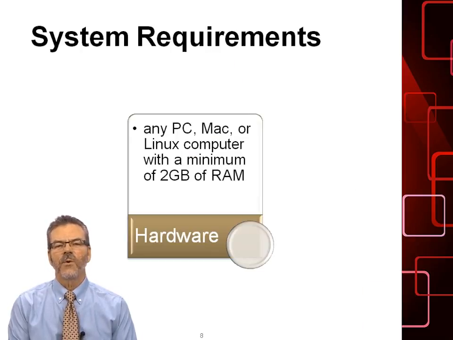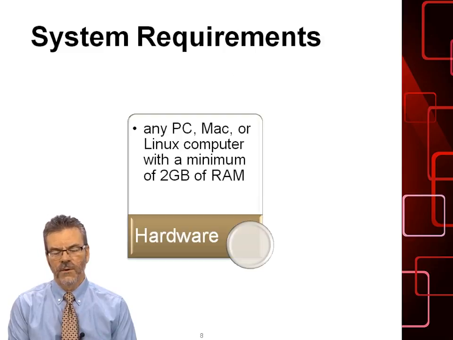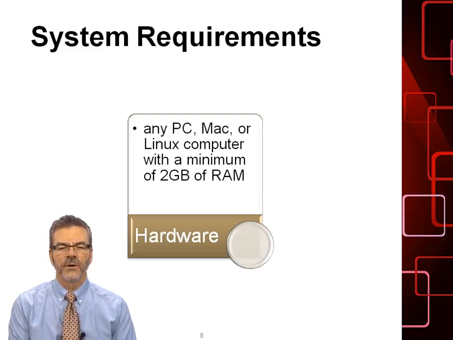So what system requirements are required for taking this course? Well, from a hardware perspective, you can use a PC, you can use a Mac, or you can use a Linux computer with a minimum of 2 gig of RAM. So the hardware, again, if you're a PC user, a Mac user, or a Linux user, all of those will work fine.